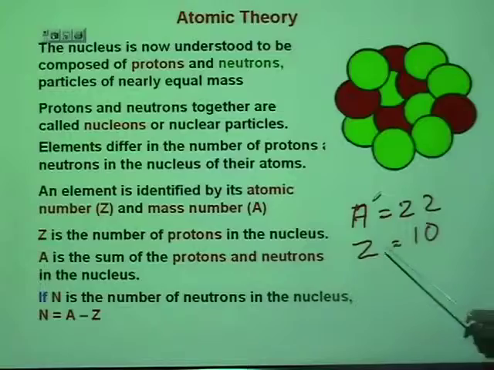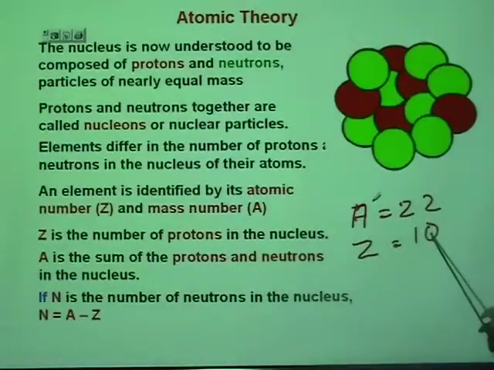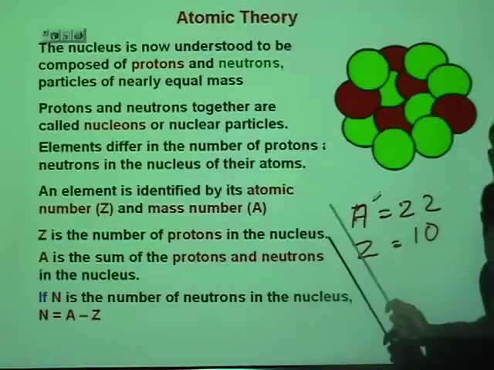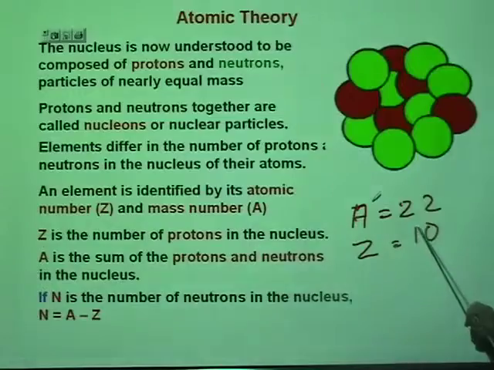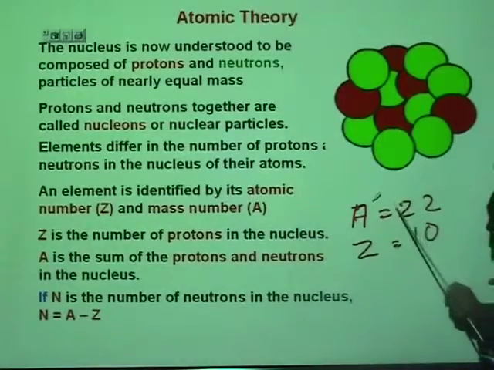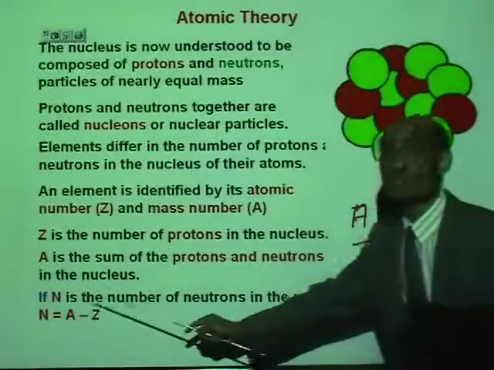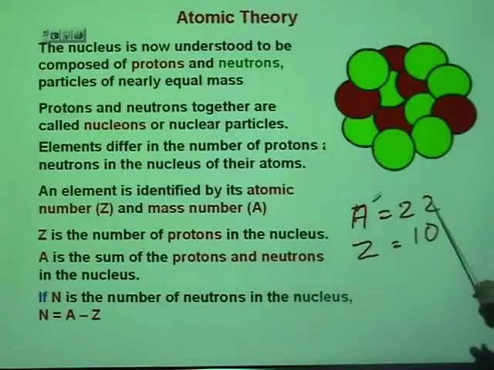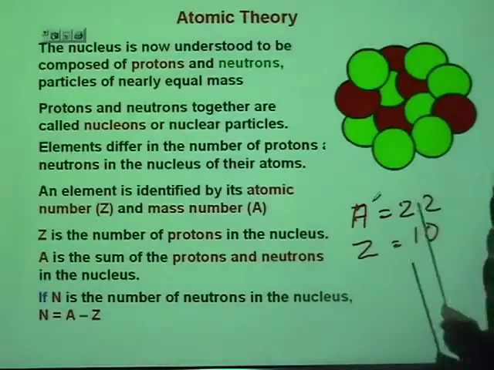Remember, the atomic number is the number of protons, so there are 10 protons. The mass number is the number of protons and neutrons, so if you add the number of protons, 10, to the number of neutrons, you get 22. So what is the number of neutrons? It is the mass number, 22, minus the atomic number. In this case, that will be 12.